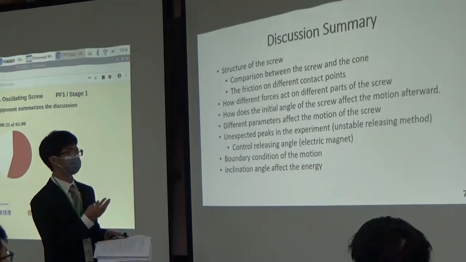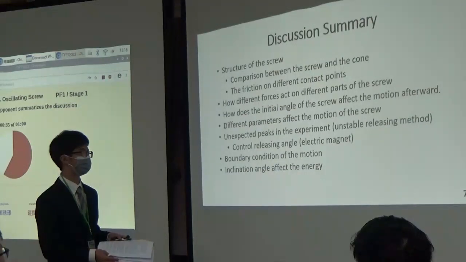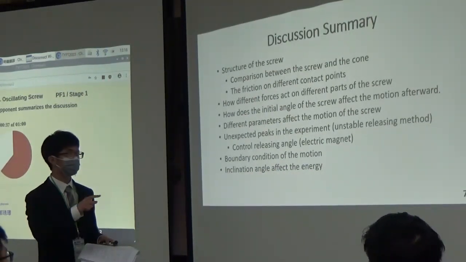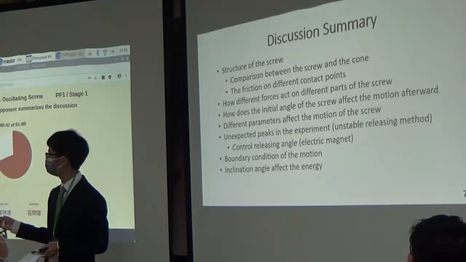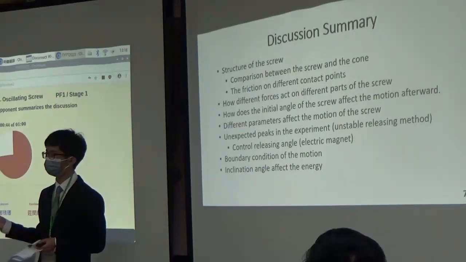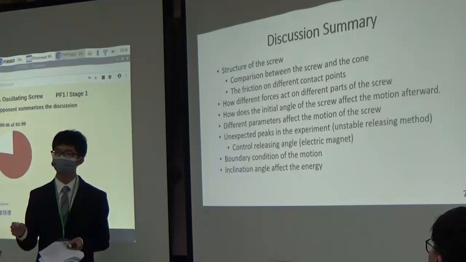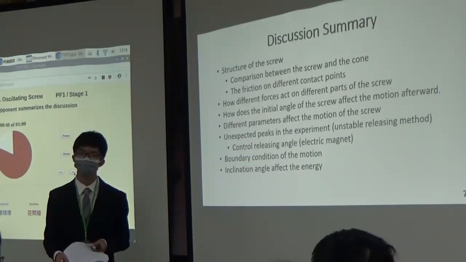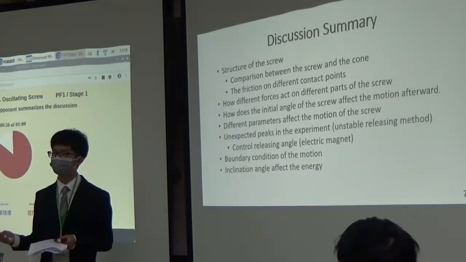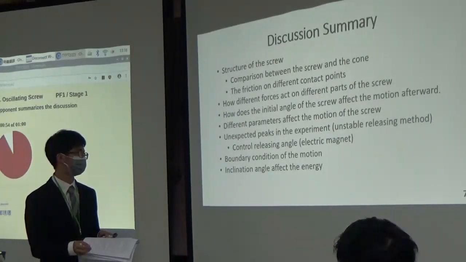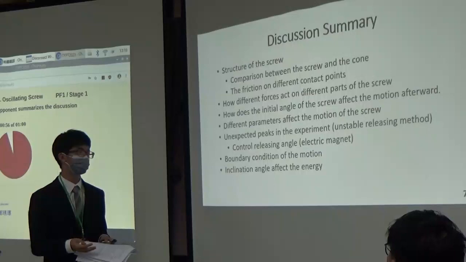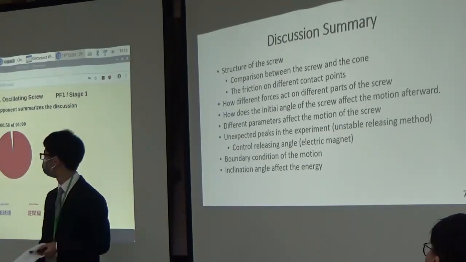The reporter also varied different parameters to affect the motion of the screw. There's an unexpected peak in the experiment, which I believe is caused by the releasing method the reporter mentioned, which is using a hand. I suggest the reporter use a better releasing method, by using an electromagnet to release the screw. And I talked about the boundary condition of the motion. Thank you.